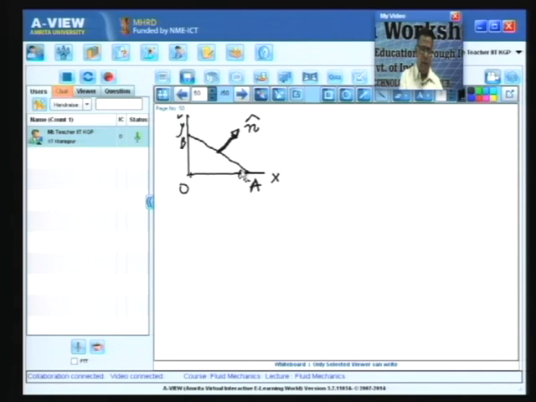Now, if I say this angle is theta, I can draw here the horizontal and vertical lines. This angle being an alternate angle is going to be theta, then this angle will be 90 minus theta, and this angle will be theta.